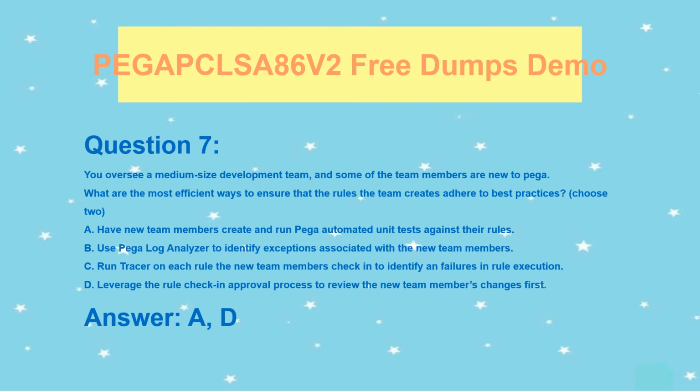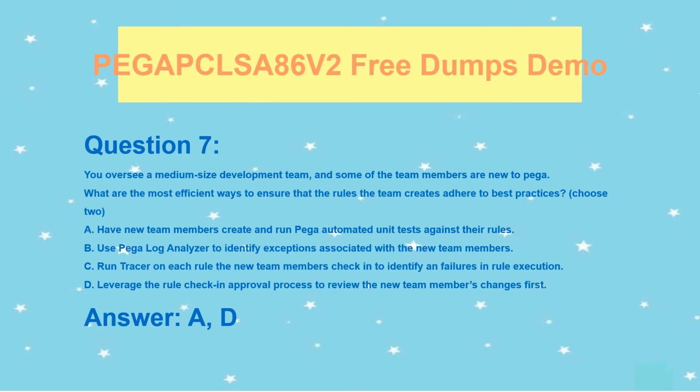Question 7. You oversee a medium-sized development team, and some of the team members are new to Pega. What are the most efficient ways to ensure that the rules the team creates adhere to best practices? Choose 2. A. Have new team members create and run Pega automated unit tests against their rules.